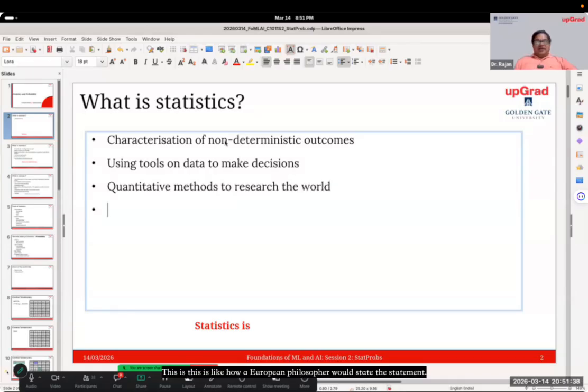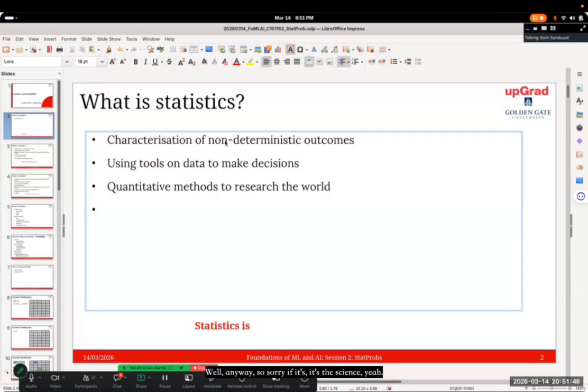It's the science of learning patterns and then making decisions from data.